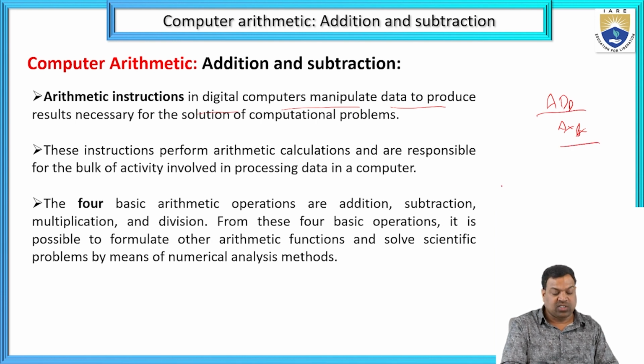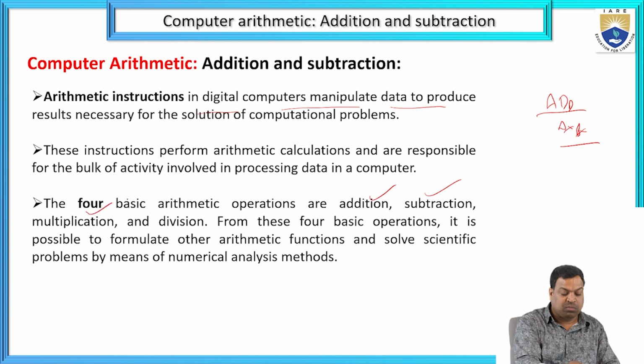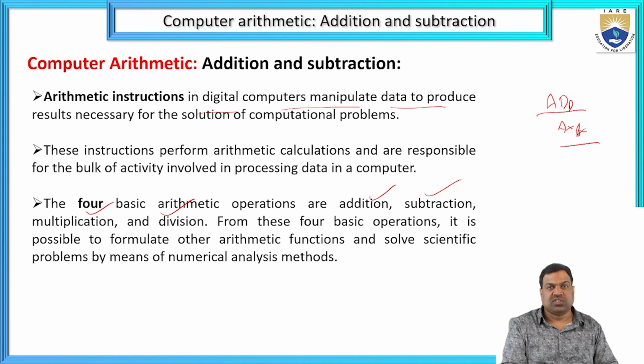The four basic arithmetic operations are addition, subtraction, multiplication, division. These are the major arithmetic operations performed in computer architecture. From these four basic operations, it is possible to formulate other arithmetic functions and solve scientific problems by means of numerical analysis methods.